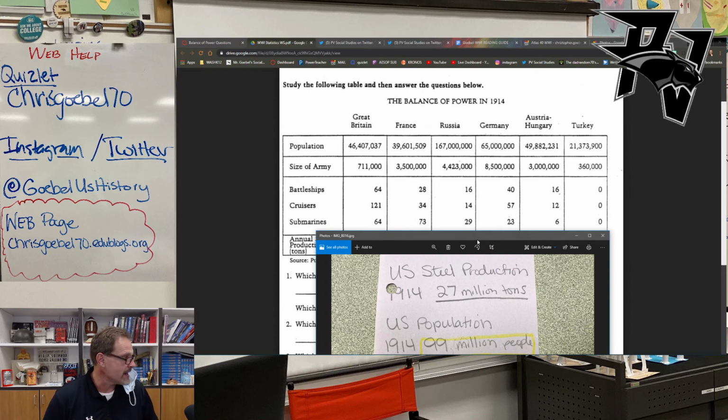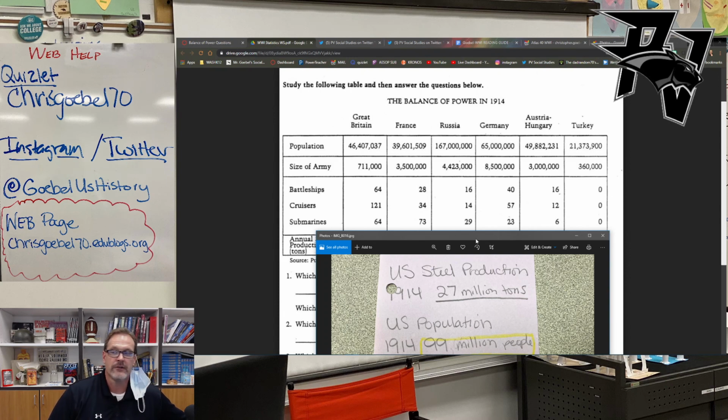So that's this idea, this balance of power idea. You can really look at this deeply, and you can learn a lot of important things about where the country needs to go, or where it finally does go when it comes to Europe. Okay, and of course, how we stand when it comes to population, production. And this validates America's success, doesn't it?